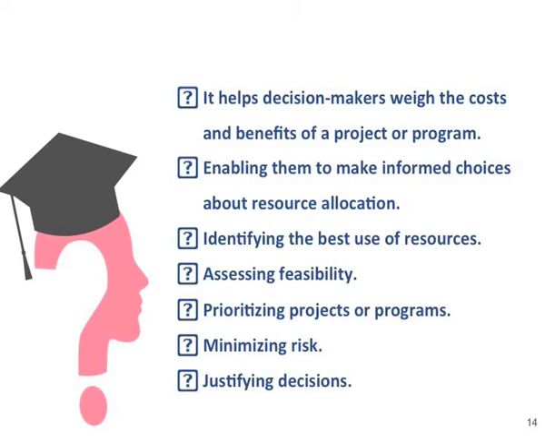It also helps in assessing feasibility, prioritizing projects or programs, minimizing risk and justifying the decision, because it is important for the decision makers to justify the decision they have taken and on which grounds. So, all these cost benefit analysis processes are useful for the decision makers to take decisions on the fund for the next year.